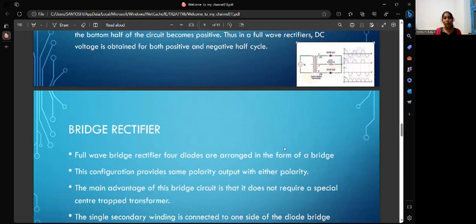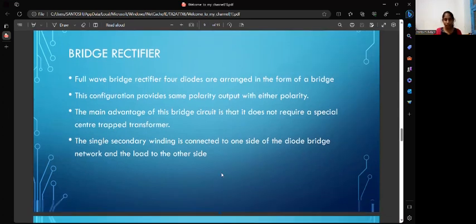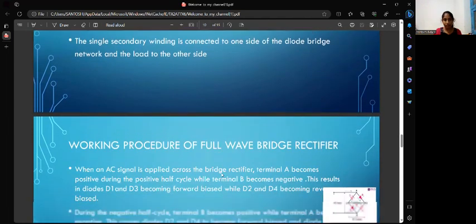This configuration provides the same polarity output with either polarity. The main advantage of this bridge rectifier is that it does not require a center tap transformer. A single secondary winding is connected to one side of the diode bridge network and the load to the other side.